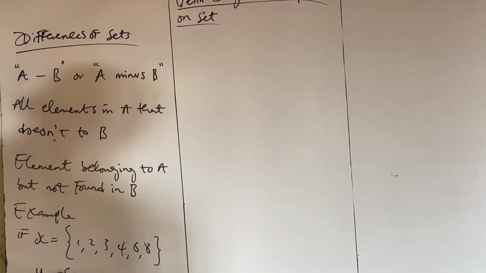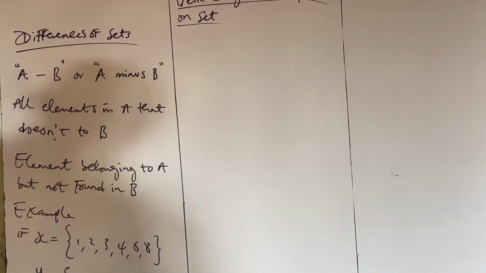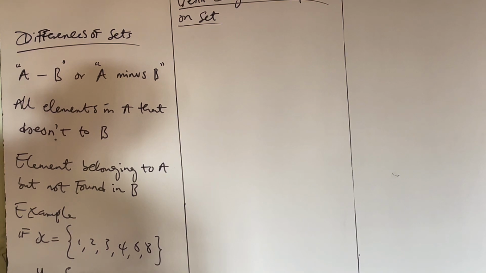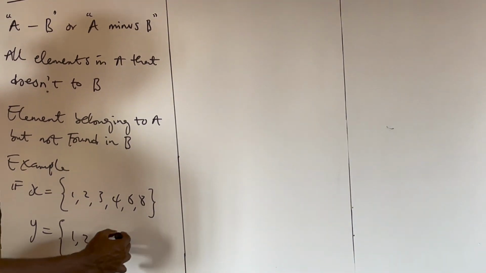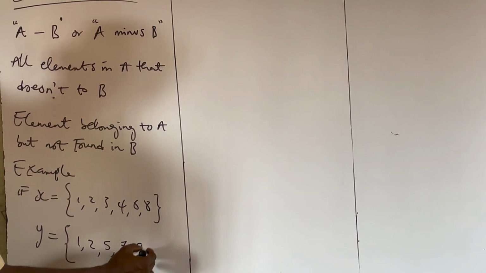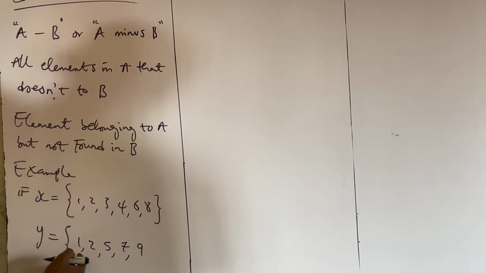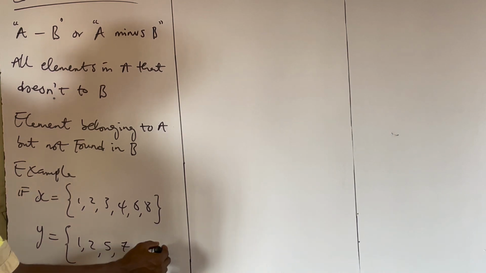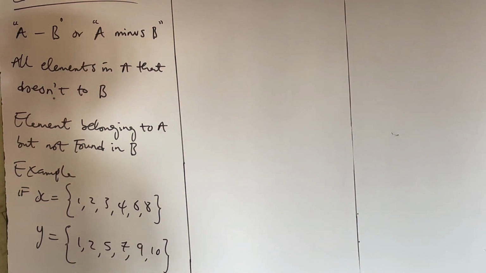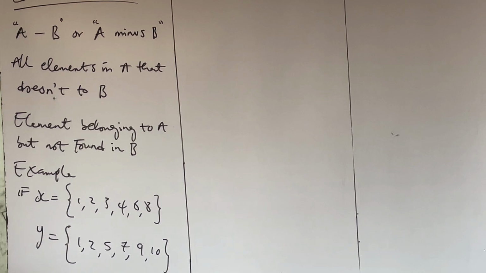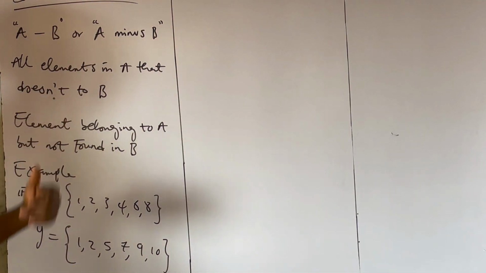Now Y is equal to 1, 2, 5, 7, 9. Let's put 10 here. So to find difference of set, remember we said all elements in A that don't belong to B.